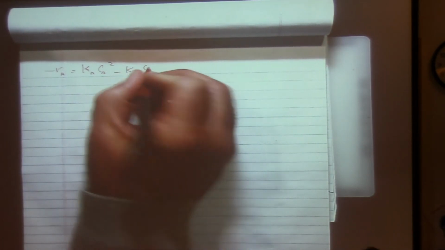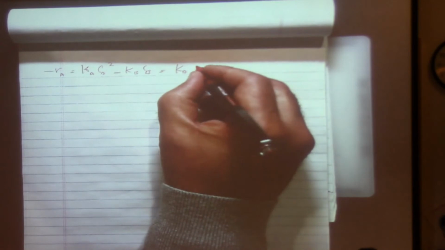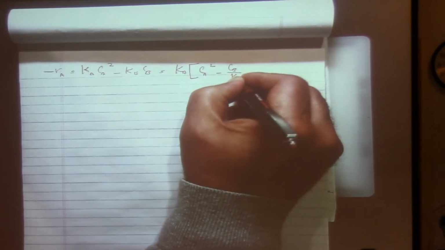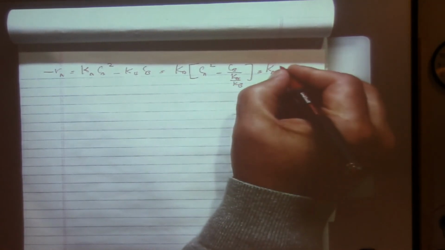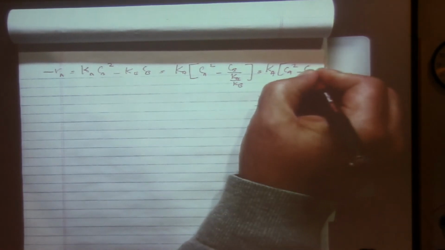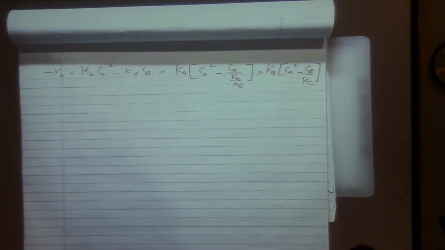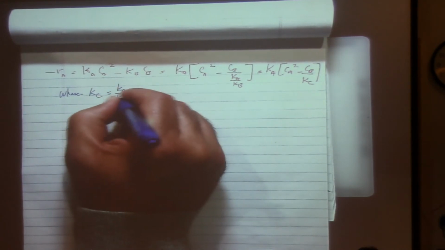Minus RA is KA CA squared minus KB CB, and then you factor out KA, which would be KA CA squared minus CB KA over KB, and that would be KA times CA squared minus CB over KC, where KC is KA over KB.